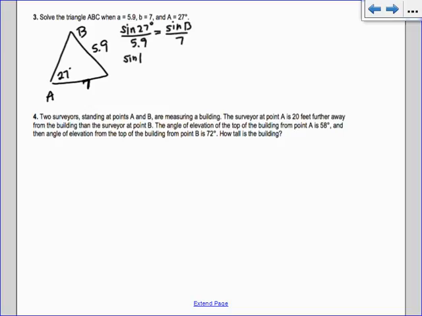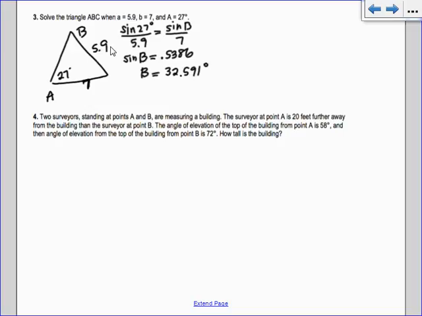We get to the point where we have sine of B is equal to 7 sine of 27 divided by 5.9, 0.5386, and we find B using inverse sine on our calculator. And we get 32.591.